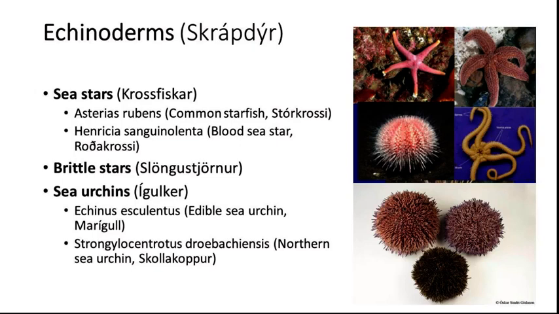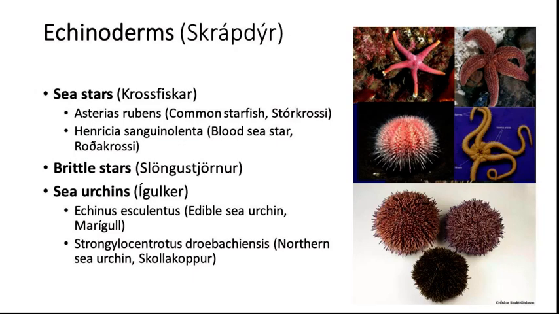We also have brittle stars, which have these long and wavy appendages like the one in the middle to the right, and then sea urchins, which have these needles growing out of their skin. And of the sea urchins we have in Iceland, we have mainly two dominant species, and these are either the edible sea urchin, which is pinkish colored on this slide, and then we have the northern sea urchin, which is more green and smaller.